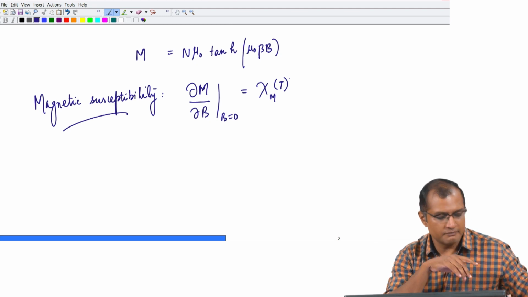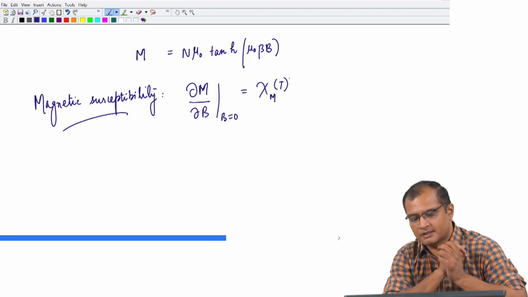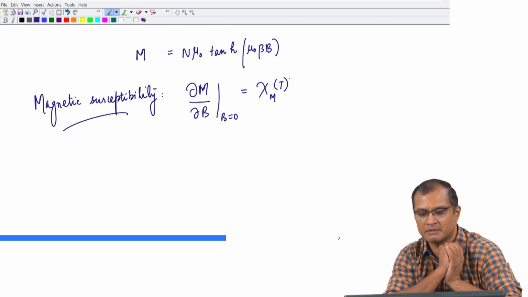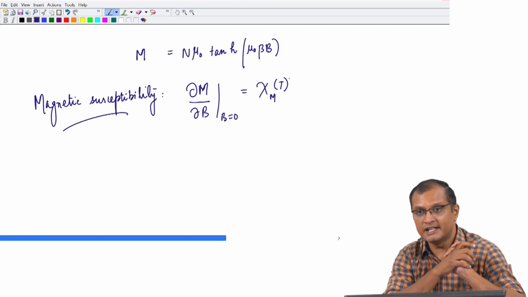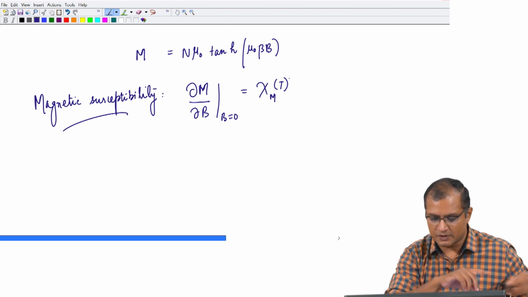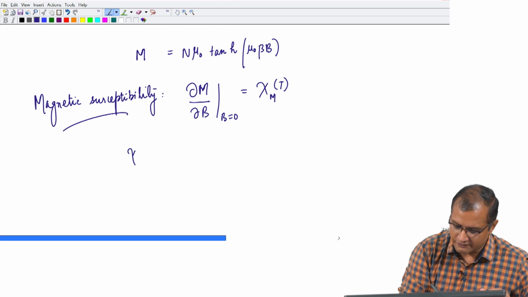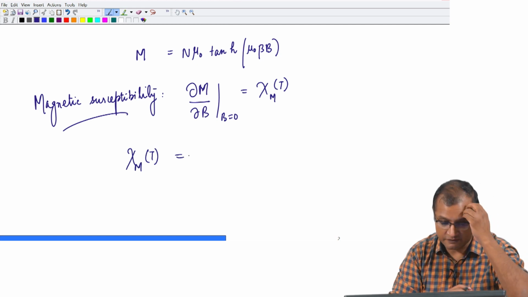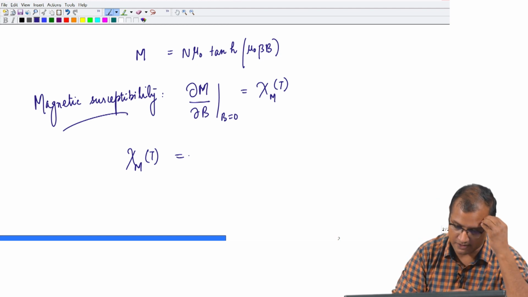So, if m has a Taylor series expansion around the origin, then this susceptibility is nothing but the first subleading term in the Taylor expansion. So, here we can compute chi of m at some temperature T as simply the derivative of the magnetization that we have constructed.